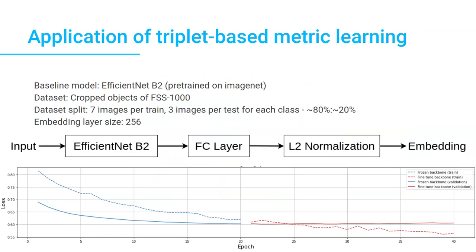On this graph, at the bottom of the slide, you can observe the losses obtained during training our model using triplet loss. The dashed line is the training loss, and the solid line stands for the validation loss.